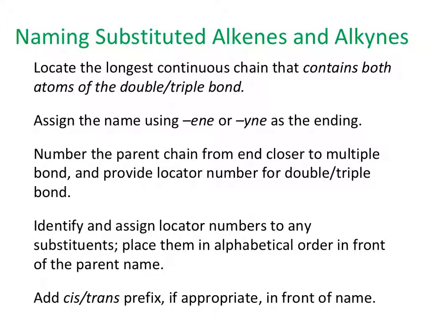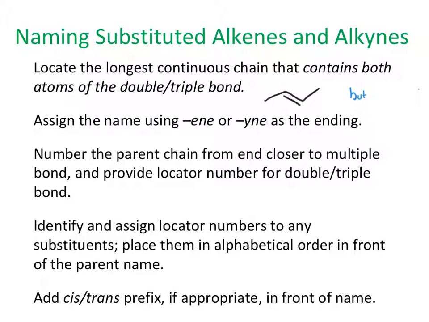One of the most common ways to do that is to have the number of the carbon atom that the bond appears after before the -ene or -yne ending. For example, if we have this molecule here with a double bond here in the middle, then we would name this according to our general rules of 1, 2, 3, 4 carbon atoms.